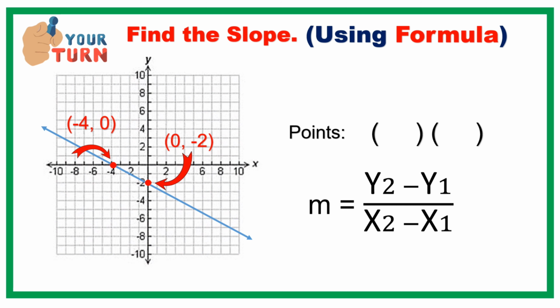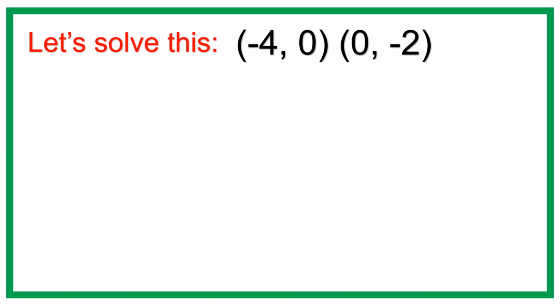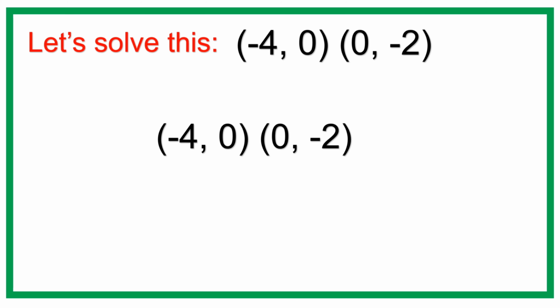Okay, again, the points. We have (-4, 0) and (0, -2). So in order for us to easily answer this, we just have to write the coordinates like this, and let's label them x1, y1, x2, y2.